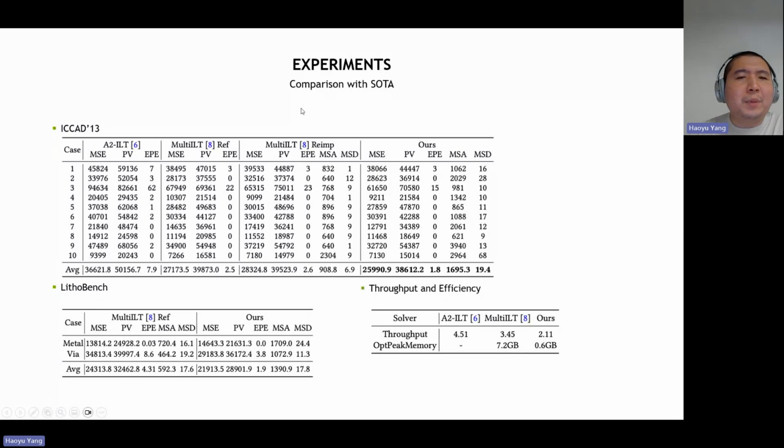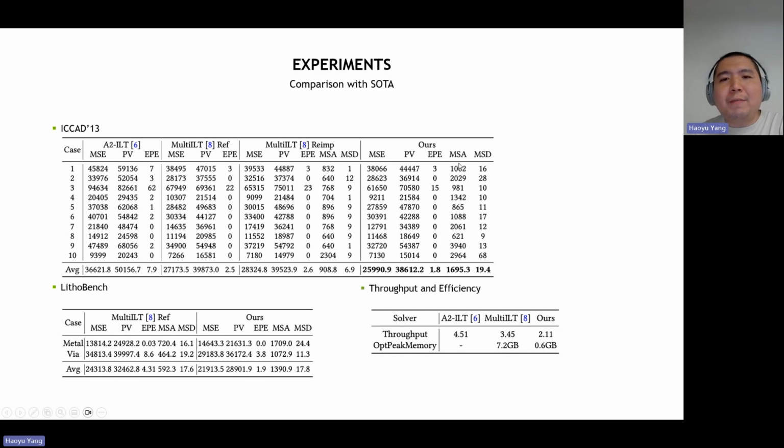Next, we're going to talk about the experiments and comparison with the SOTA results. For the ICCAD13, we can see our results achieve the best EPE compared to all previous work, DAC22 and DAC23. Similarly, for LithoBench, we also achieved the best EPE results.